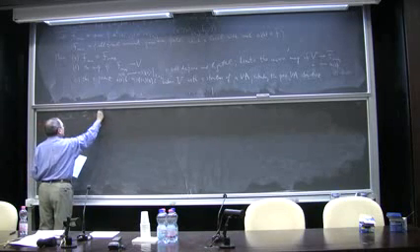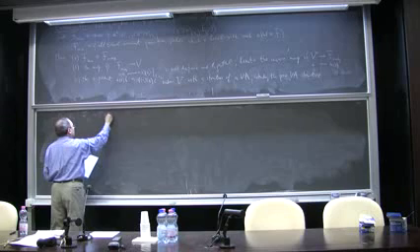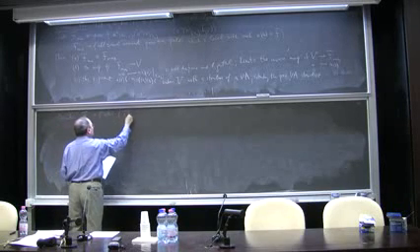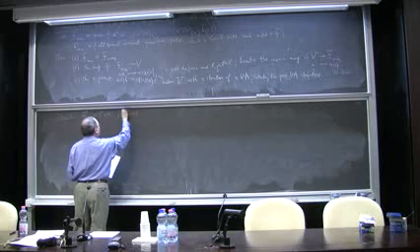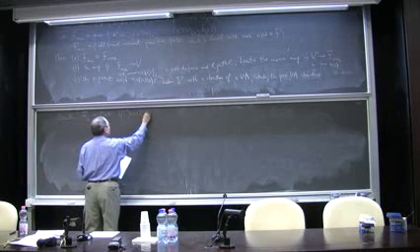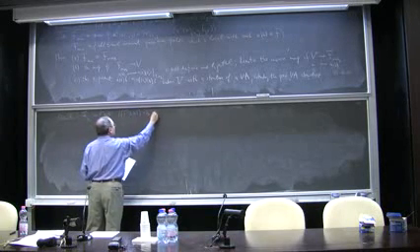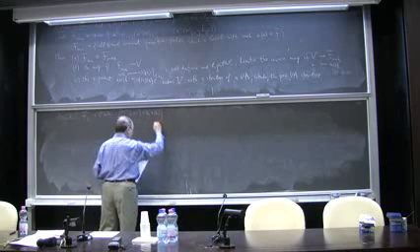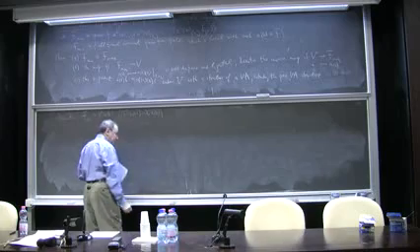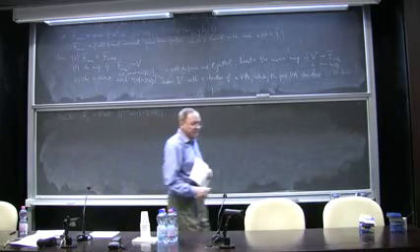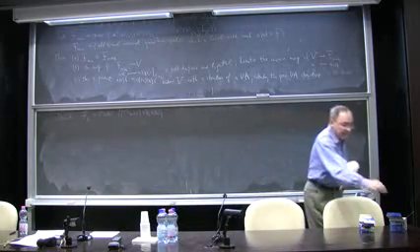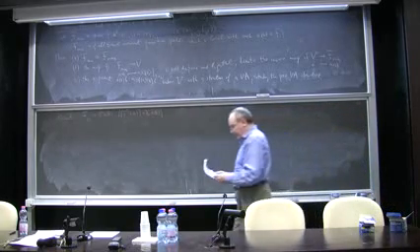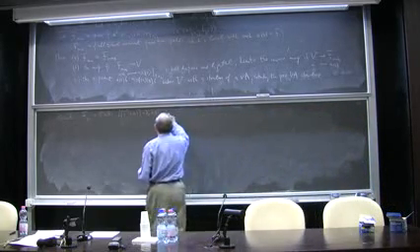It's just all the quantum fields A of Z such that they are translation covariant, the set of all translation covariant quantum fields. Then Lemma 2.